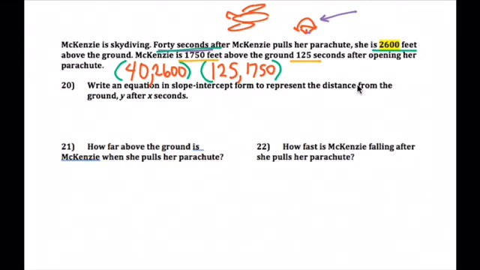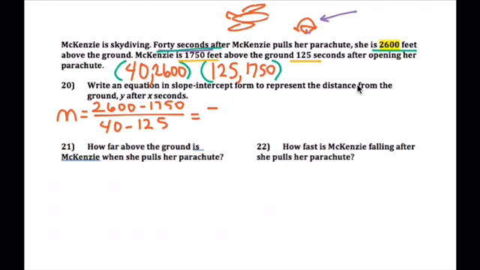To write an equation, I would first need to find the slope. So 1,750 minus 2,600, or vice versa. We'll just do the slope is equal to 2,600 minus 1,750 over 40 minus 125. Now you can hopefully see that that's going to be a negative slope, but it makes sense because she's coming down.